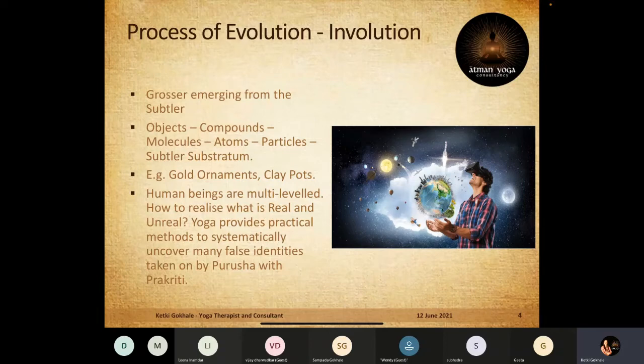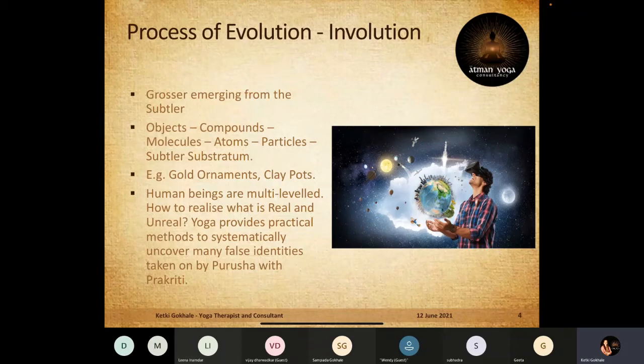Similarly, human beings are multi-leveled, multi-layered. How to realize what layer is true or real and what is not? So yoga provides practical methods to systematically uncover many false identities taken on by Purusha with Prakriti.